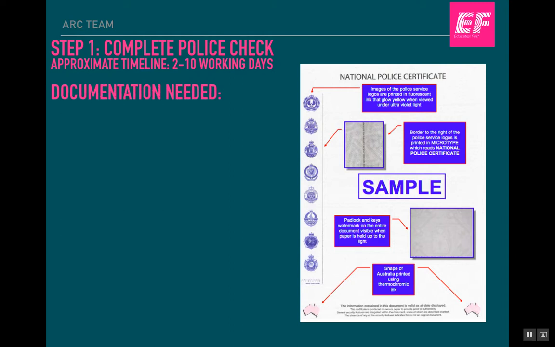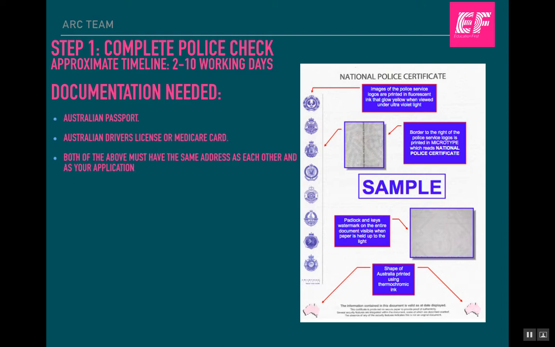The documentation that you need to apply for your police record check are these things. You'll need your Australian passport, your Australian driver's licence or Medicare card, and both of the above must have the same address as each other and as the address you use on your application. Just to reiterate that, your passport, your driver's license, a Medicare card, and your application form for the police check must all have the same address on them.